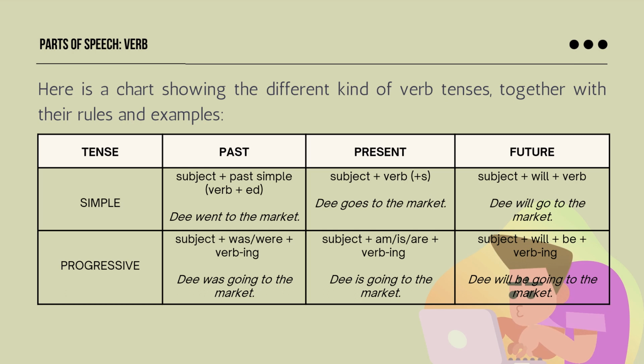For the future, we have the subject plus will plus be plus verb-ing. Examples: Past tense, D was going to the market. Present tense, D is going to the market. Future tense, D will be going to the market.